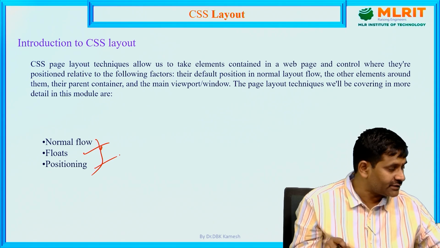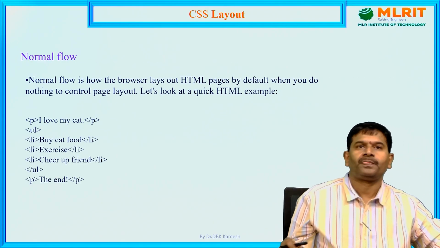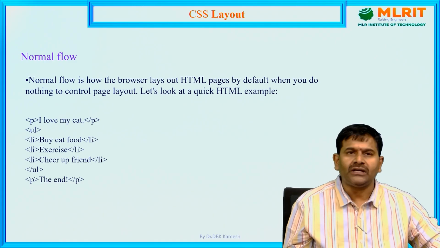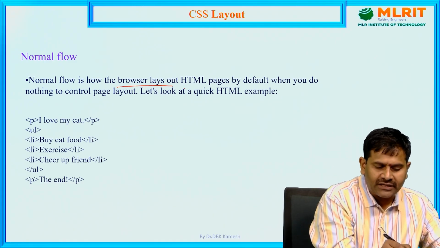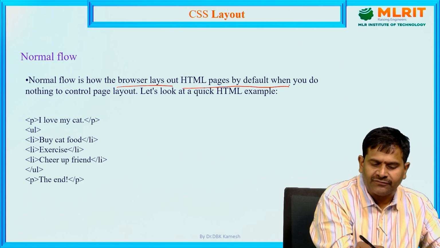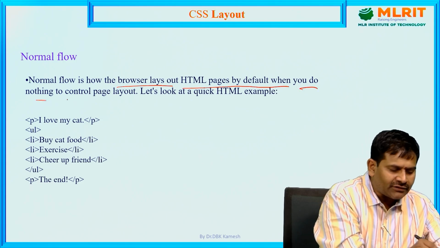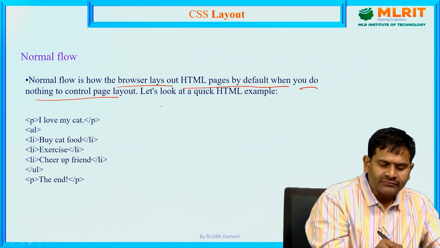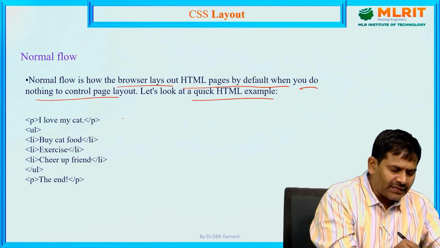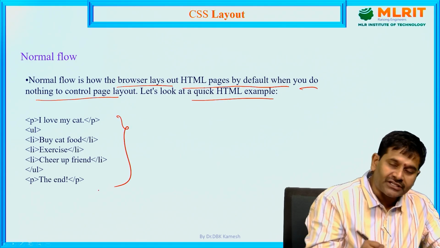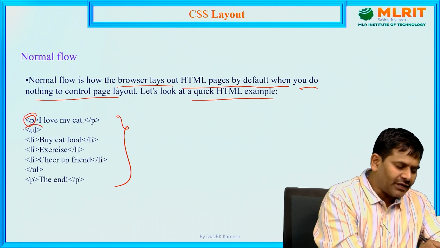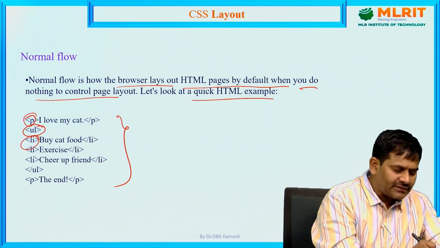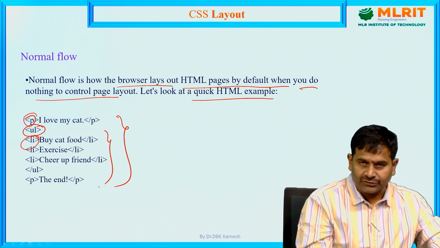Then, what is normal flow? Normal flow is how the browser lays out an HTML page by default when you do nothing to control the page layout. In a quick HTML example, for example, P is a paragraph, then UL and LI, and so on. These are all related to this.